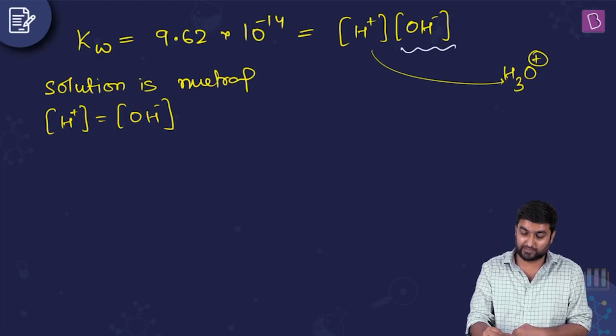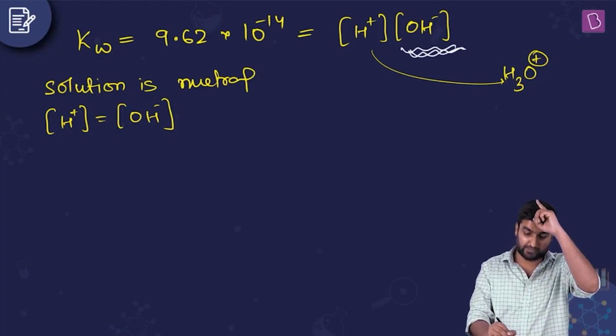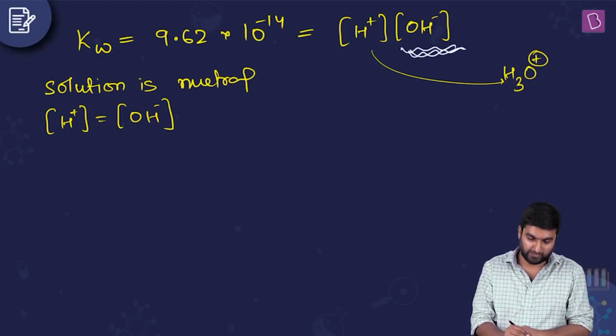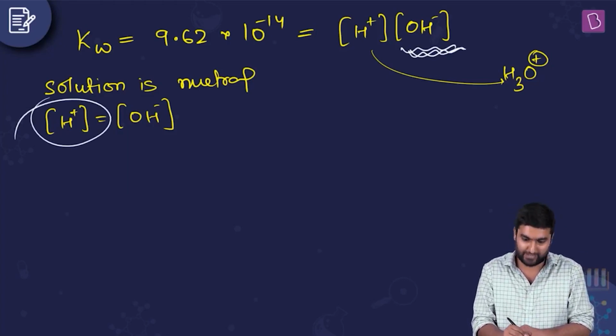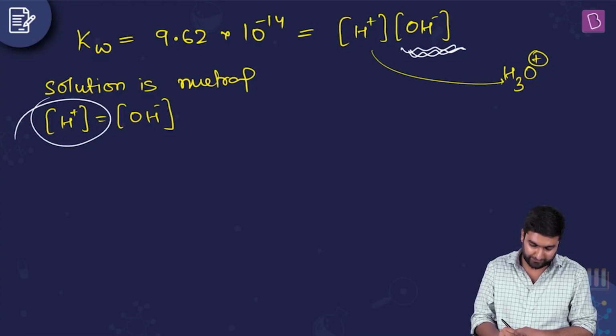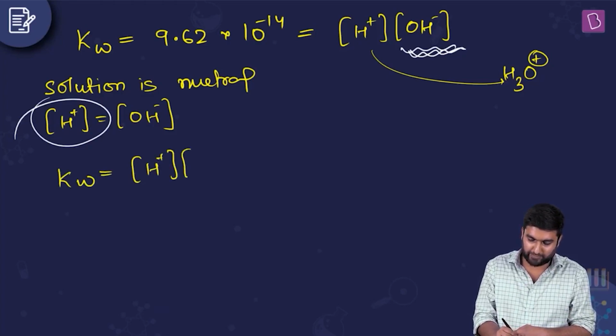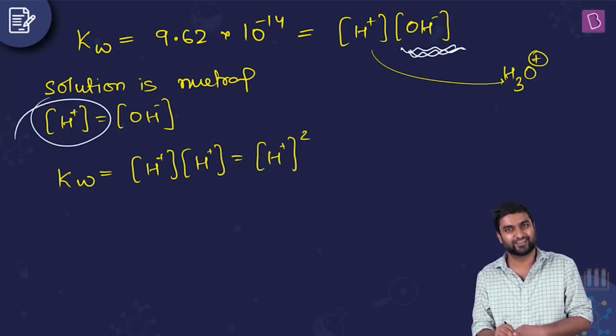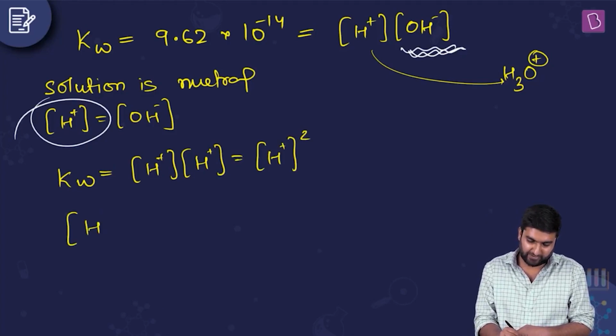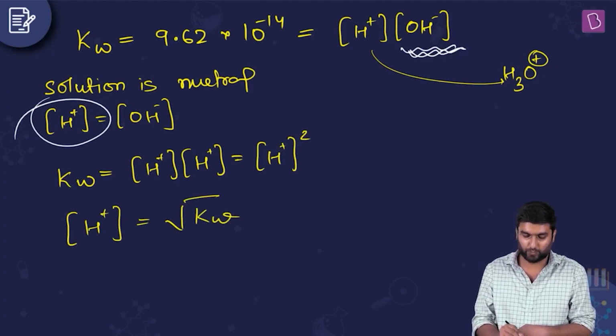You can replace this with this. So Kw is actually equal to H plus multiplied by H plus concentration, that is H plus concentration squared. So H plus concentration is equal to the square root of Kw.